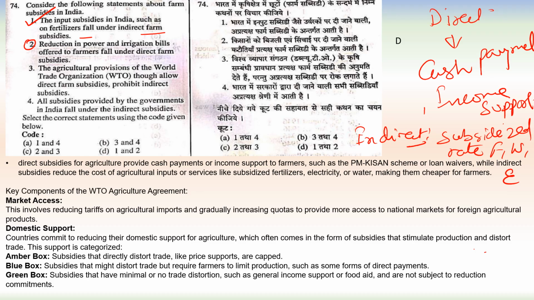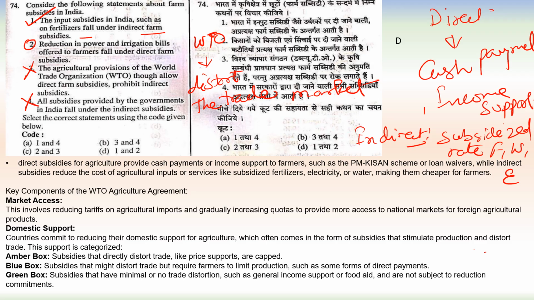No, WTO prohibits all kinds of subsidies which distort the trade market. So it can be direct or indirect. Fourth one, all subsidies provided by the government of India fall under the indirect subsidies. No.